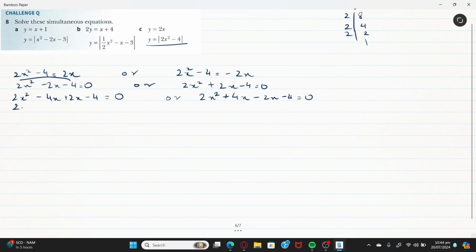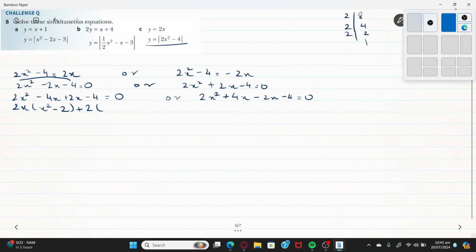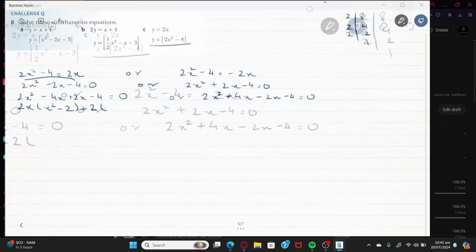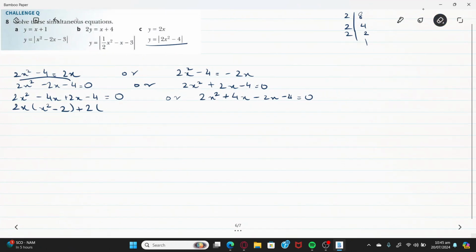So 2x as the common, x squared minus 2 plus, and again it's going to be 2 as the common. Oh, sorry, I took x squared in between. My bad. Let me erase this. This is not x squared, this is only x.